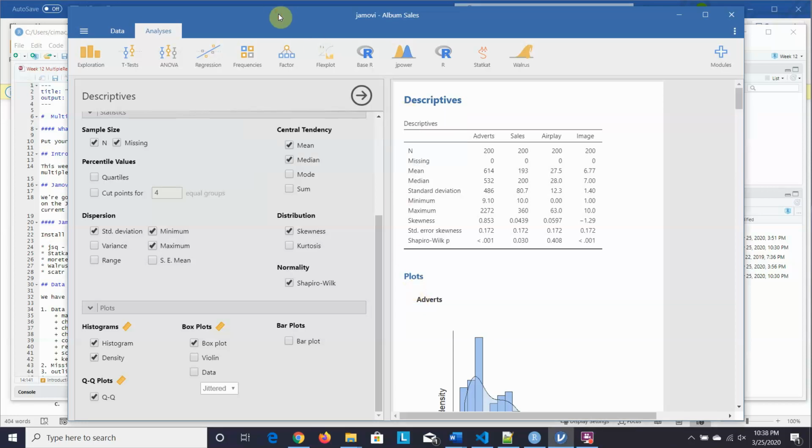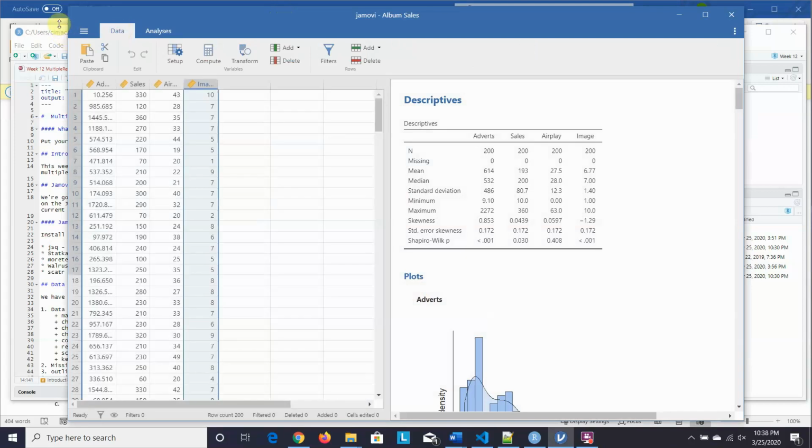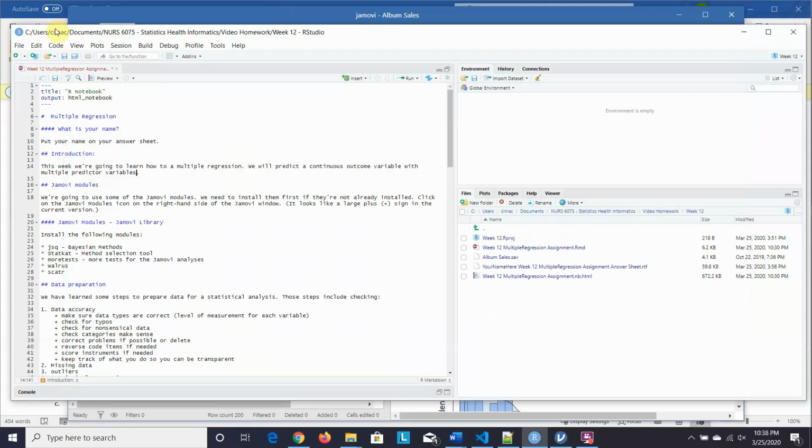We are in week 12 and we are working on multiple regression. This is probably the culmination of this course. You guys have arrived.